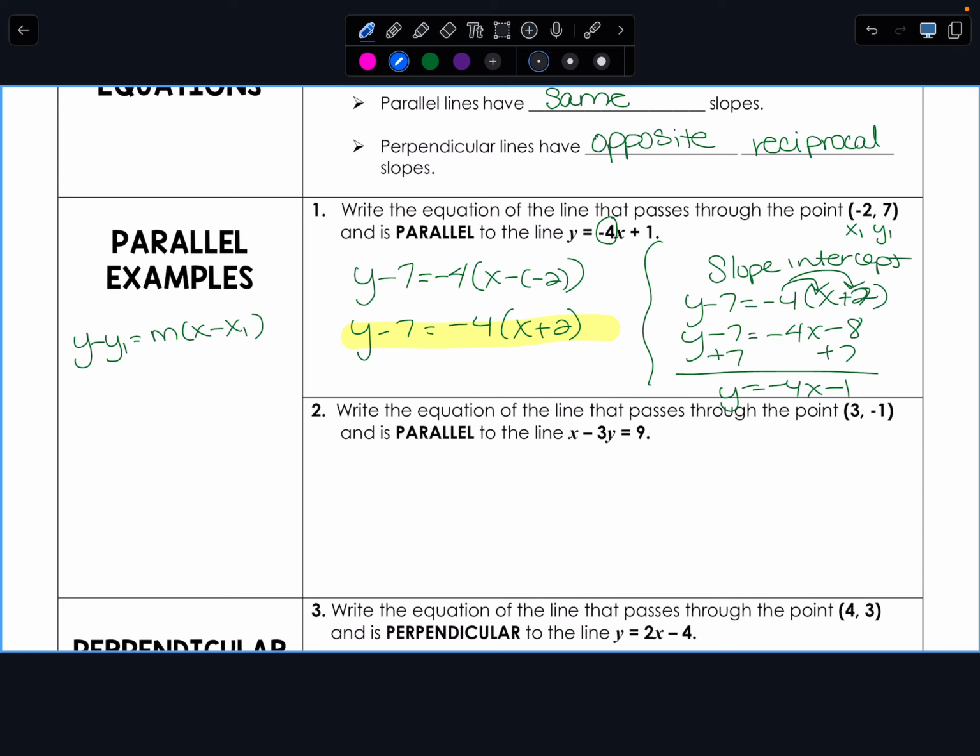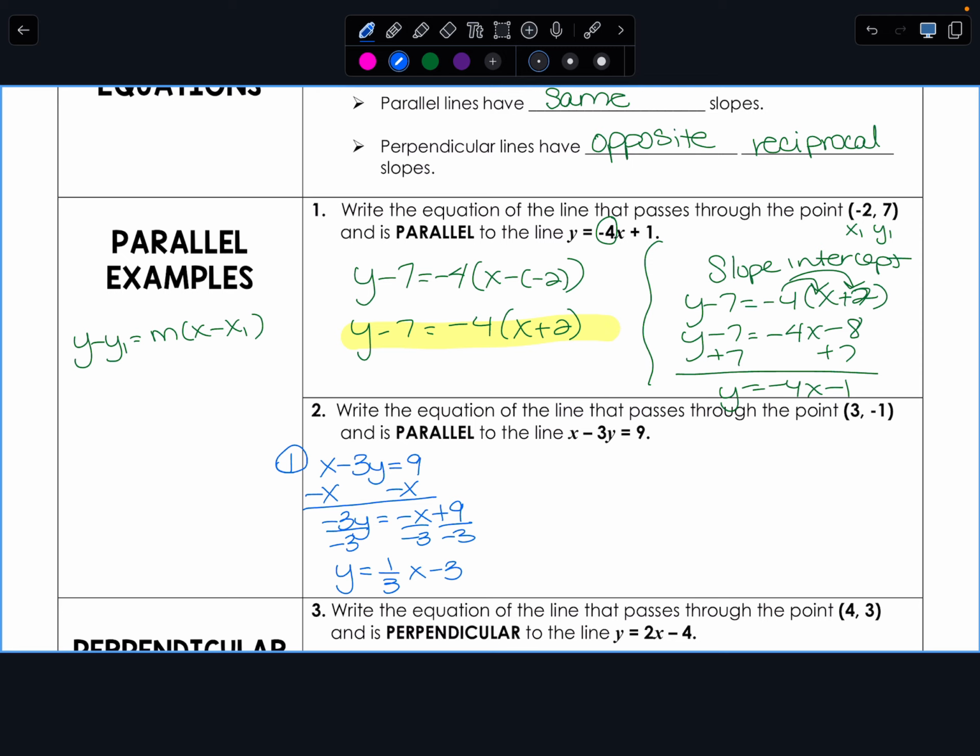Okay, so if I have x minus 3y is equal to 9, step 1 is to figure out what the slope is. So I have to subtract x from both sides. So negative 3y is equal to negative x plus 9. Divide everybody by negative 3. And so I get 1/3 x minus, nobody cares, 3.